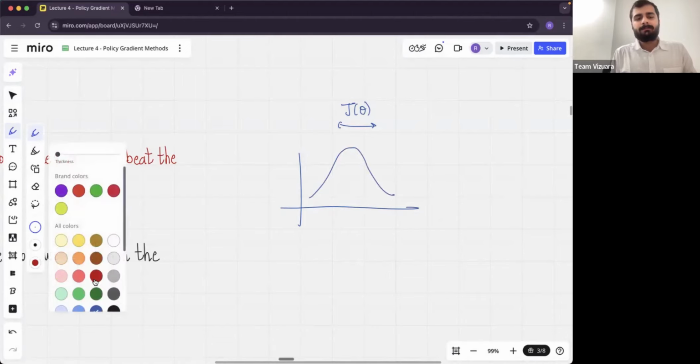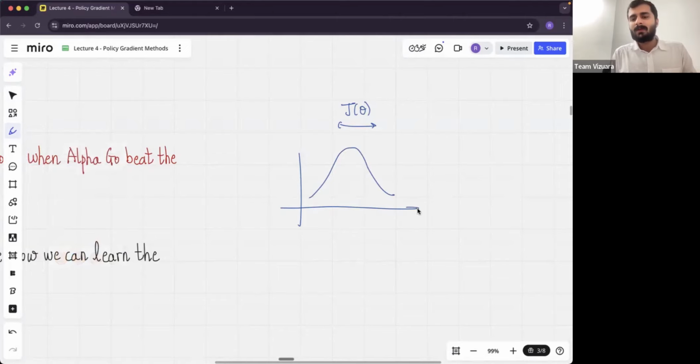On the x-axis you have theta, on the y-axis you have J of theta. And let's say this is your current theta, which is theta naught. Then we have a mechanism in place to find the best theta. How are you going to do that? You are simply going to ascend this mountain so that you slowly reach the peak of this mountain.